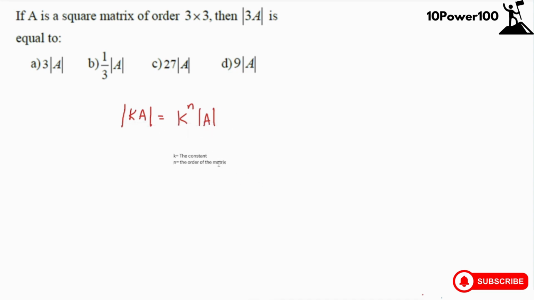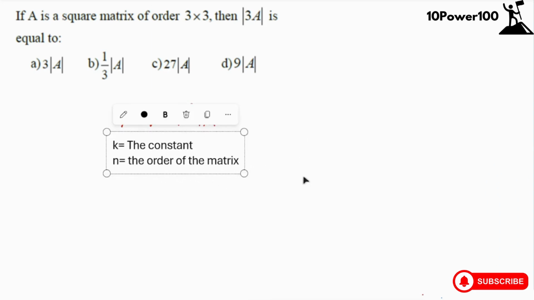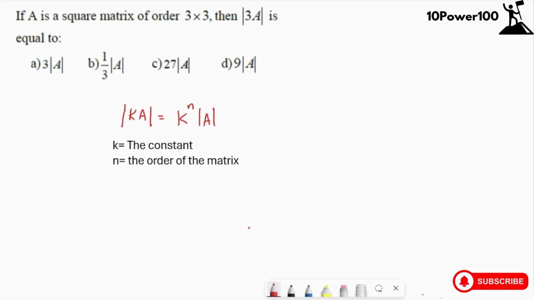Okay, so these 2 points are very important for us. If you observe this formula carefully, here the K value is given, so K is nothing but the constant. That will come out and that becomes K, and N is the order of the matrix.